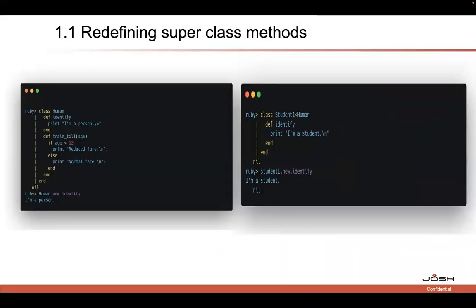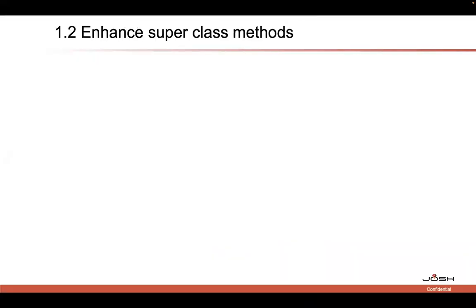So we'll come to the PPT and go next. Sometimes we don't need to redefine the entire method. I just have to enhance the superclass method. Like I need some part of the code from the super method, and I just want to enhance it. It is also possible in Ruby.